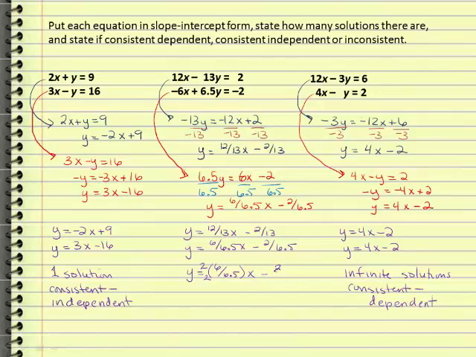I need to do the same thing on the 2 over 6.5, and I'm going to get y is equal to 12 over 13x minus 4 over 13. I can now make comparisons here and here. The slopes match, but the intercepts do not, so I have inconsistent. Because the slopes match, my lines are parallel and there are no solutions.